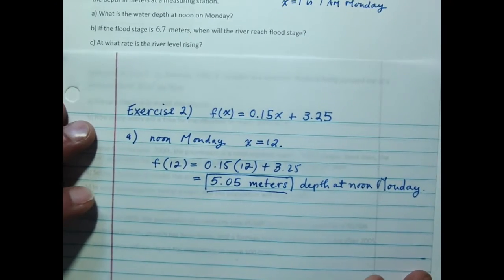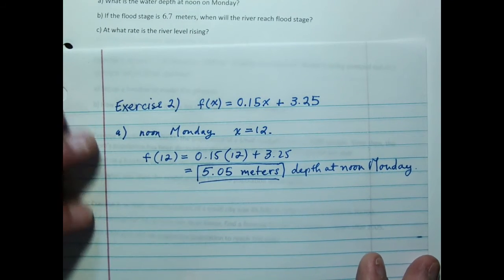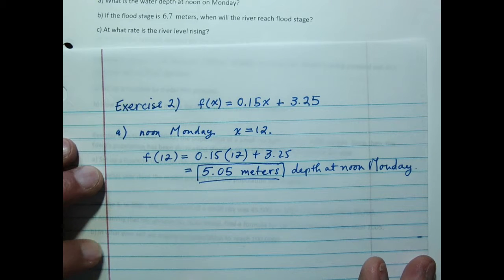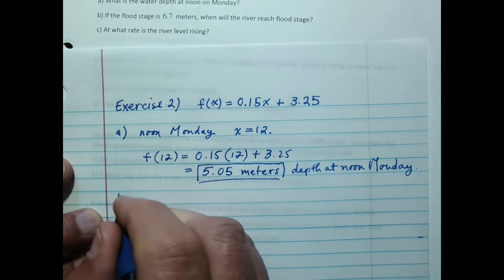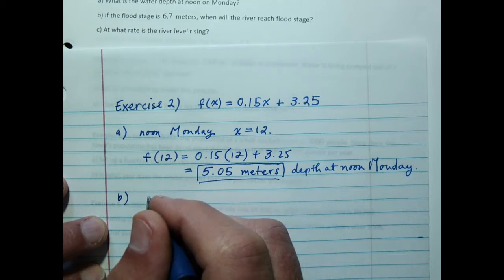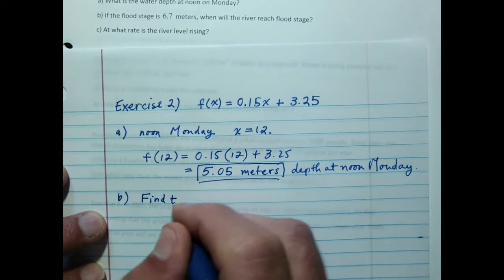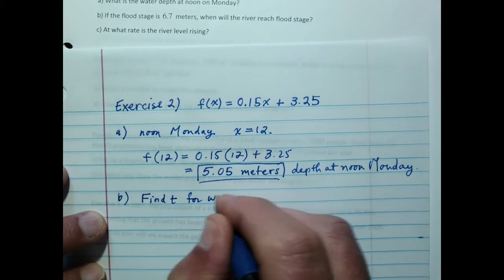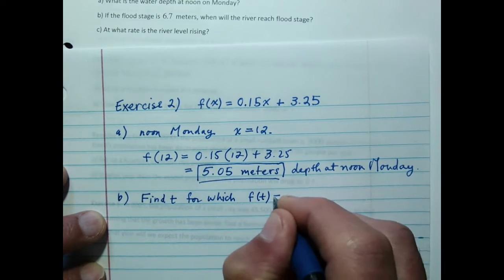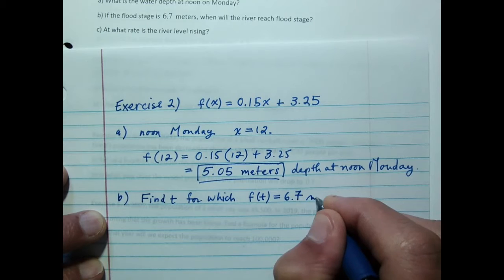Okay, part B is: if the flood stage is 6.7 meters, when will the river reach flood stage? So in part B, we want to find x for which f of x is equal to 6.7 meters.